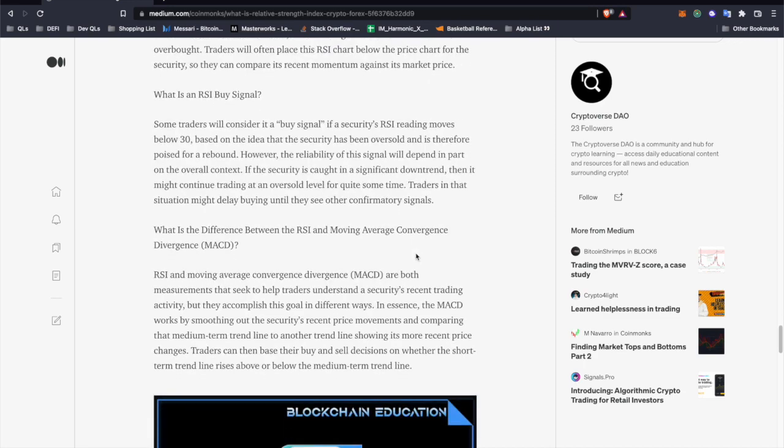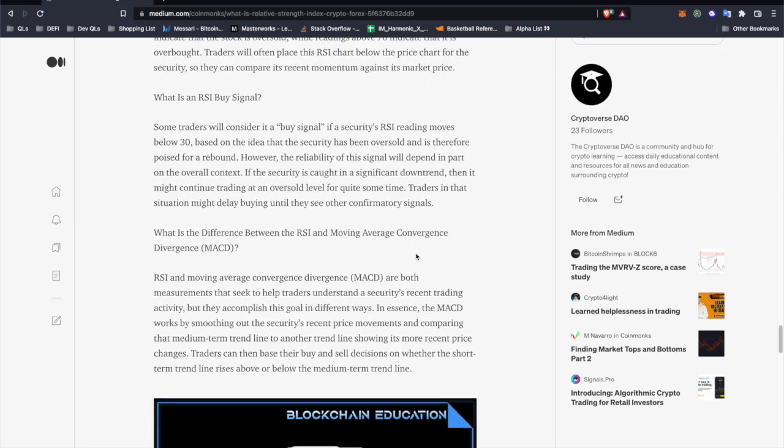What's a buy signal? Some traders will consider it a buy signal if a security's RSI reading moves below 30, based on the idea that the security has been oversold and is therefore poised for a rebound. However, the reliability of this signal will depend in part on the overall context. If the security is caught in a significant downtrend, then it might continue trading at an oversold level for a long time.